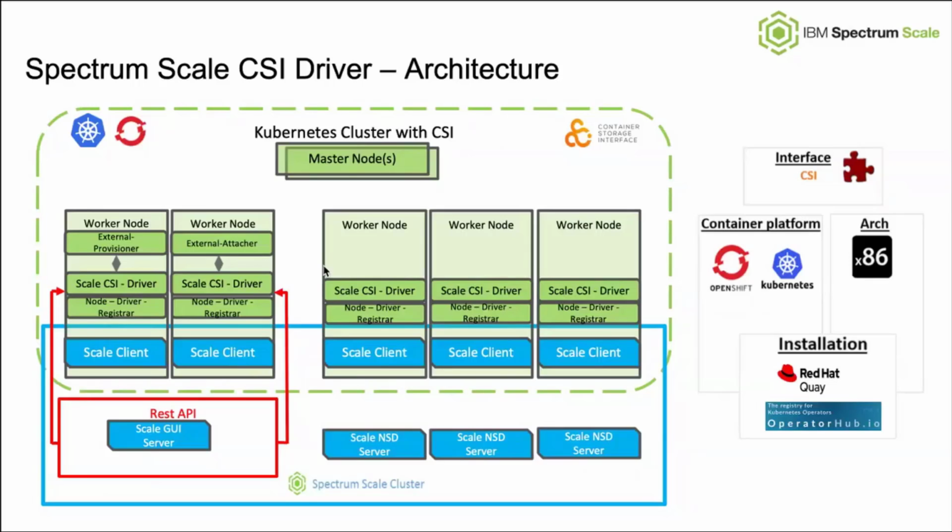So as you can see, the CSI driver talks with the GUI server through REST API. And you would also see that only those pods of the CSI driver talk to the REST API where external provisioner and attacher are deployed. So external provisioner and attacher talk to the CSI driver pods on their local hosts using a socket communication.